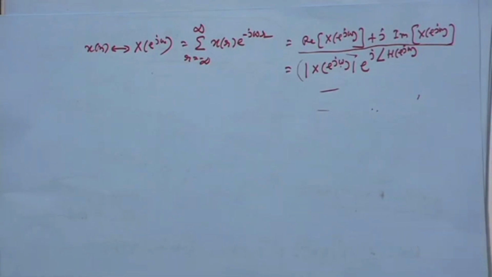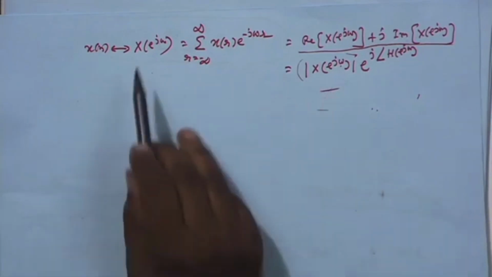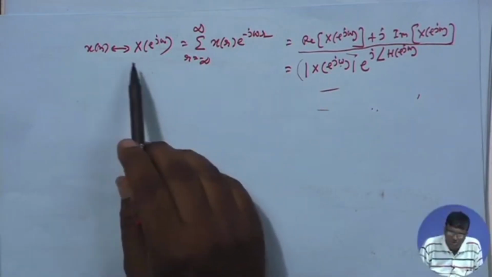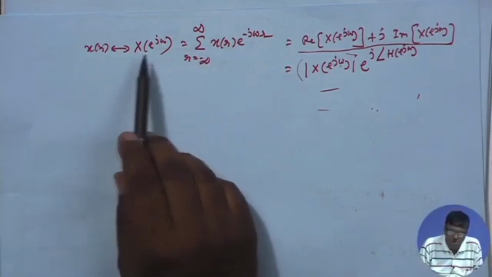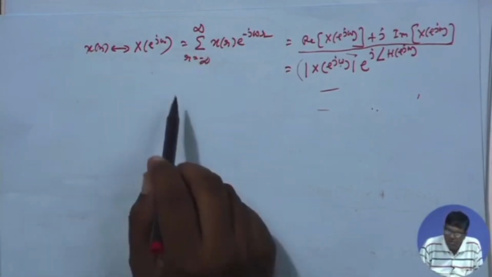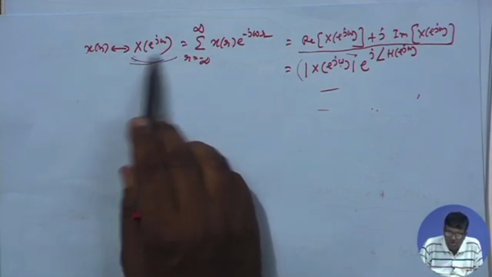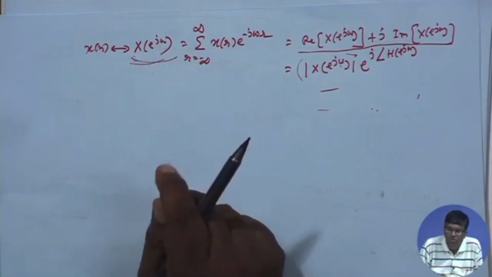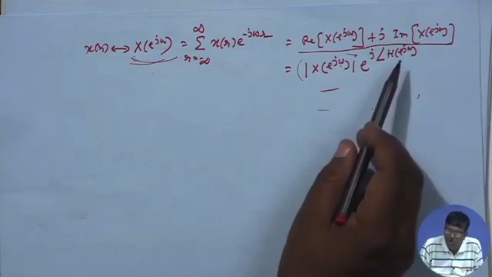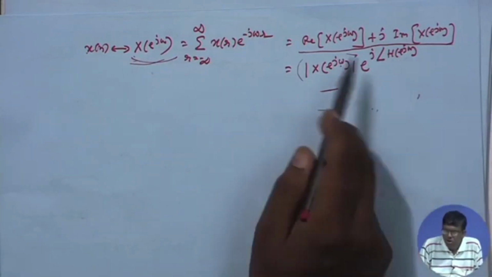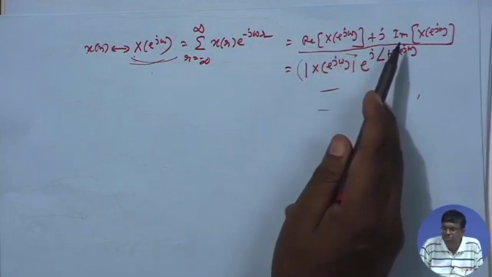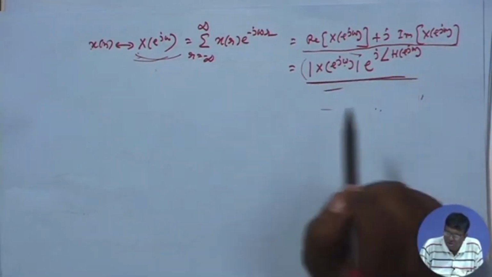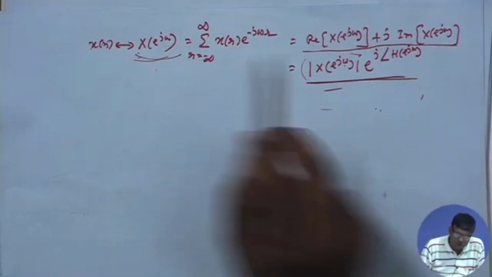But technically, a complete plot of the DTFT versus omega, that is the frequency response or DTFT spectrum of x n, always requires two plots: one of magnitude versus omega and another of phase versus omega, or equivalently one of the real part and one of the imaginary part versus omega. Although between the two we normally prefer the polar form.